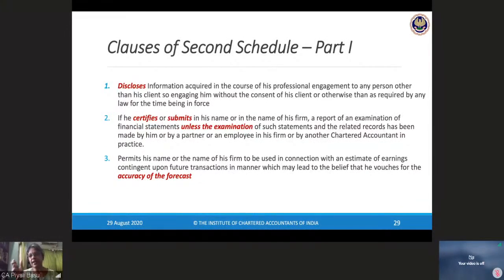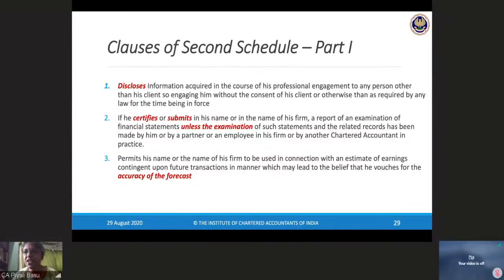So when you read it, you dissect this entire statement of 3.5 lines. He certifies or submits.